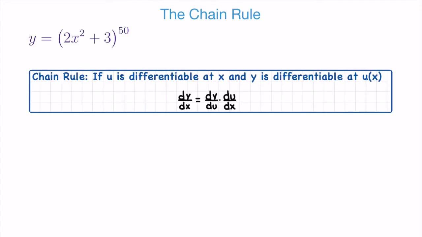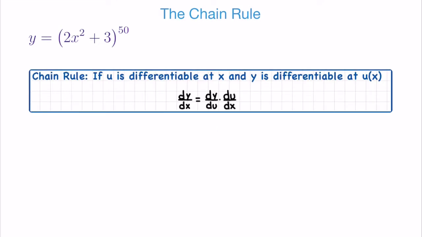So if you have y as a function of u, and then u as a function of x, in order to derive y with respect to the inner variable x, the chain rule tells us that we need only to multiply the derivative of y with respect to u to the derivative of u with respect to x.